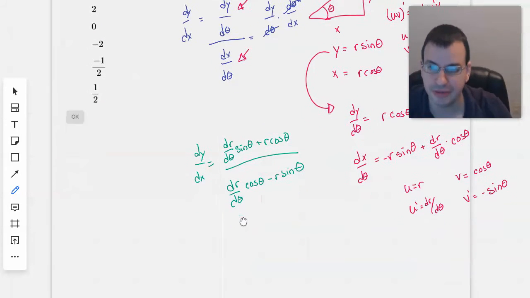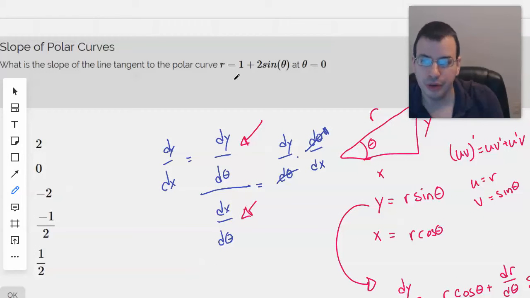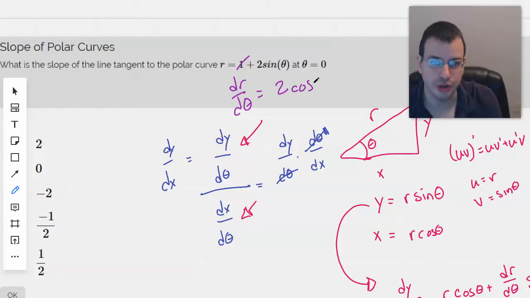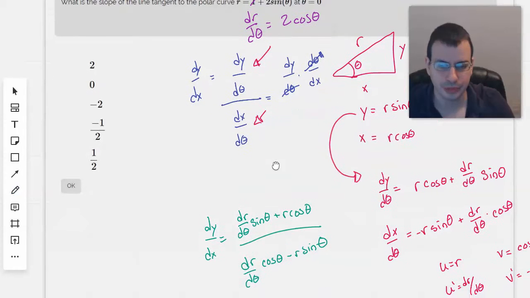Okay, so now we need to find dr/d theta. dr/d theta equals, so the 1 goes away, and we're left with 2 cosine of theta. Okay.